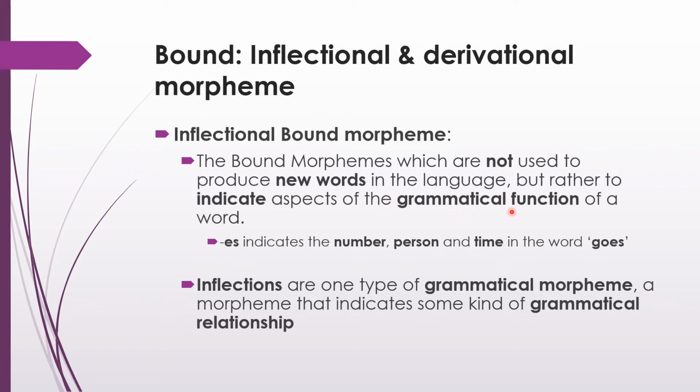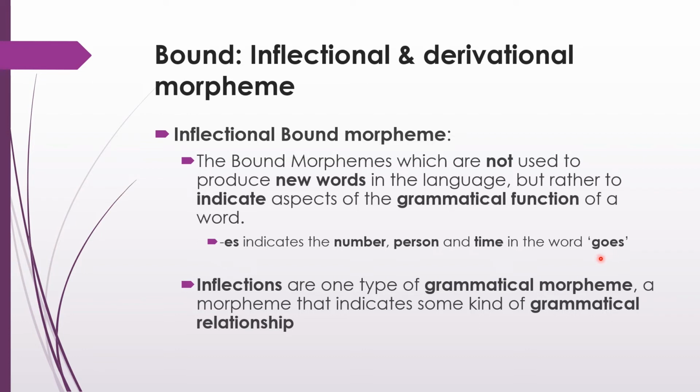For example, in the word goes, maybe boys, maybe numbers. In all these particular words you will find es and s, which indicate the number, person and time. For example, by referring to goes, you can understand that we are talking about only one person. If that is more than one person, then we should use only go.